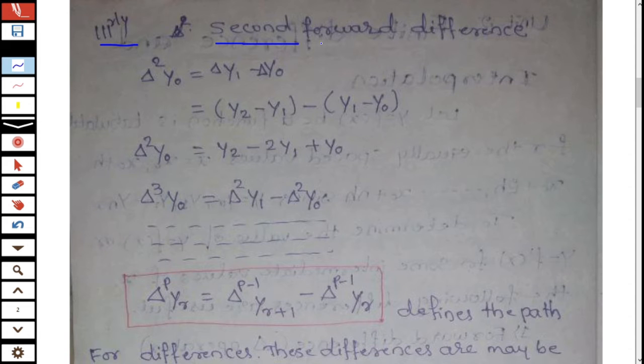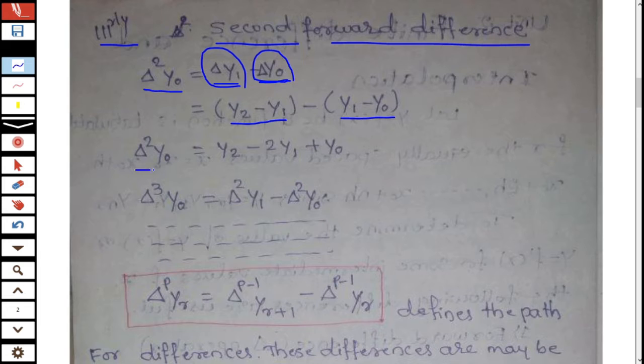The second forward difference, delta square y naught, is found using delta y1 minus delta y naught. So delta y1 is y2 minus y1, and delta y0 is y1 minus y0.